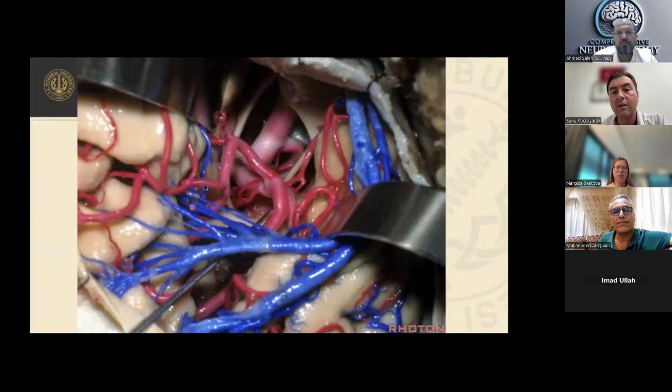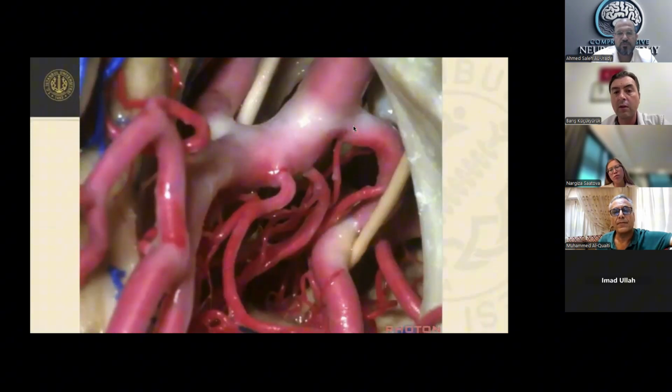So this is a right-sided transsylvian approach to the right internal carotid artery, right PComm, which is a fetal PComm here. Let's look closely. The fetal PComm exits from the right internal carotid artery and joins with the basilar artery to continue as the posterior cerebral artery above the third nerve, and the superior cerebellar artery exiting from the basilar artery below the third nerve.